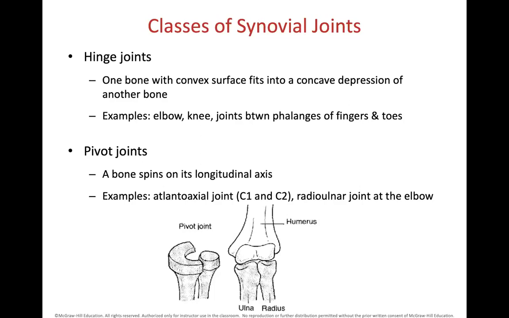And those are the 6 classes of synovial joints. For the most part, when I get into the specific synovial joints we'll be talking about, it'll be mostly ball and socket and hinge. That's what we'll be focusing on.